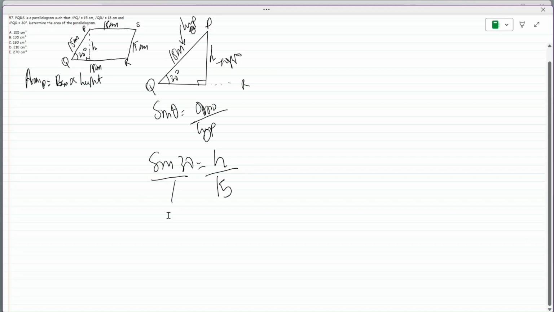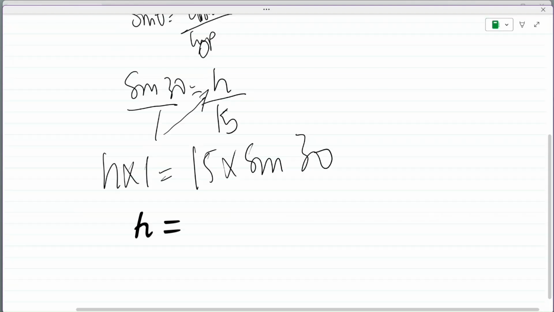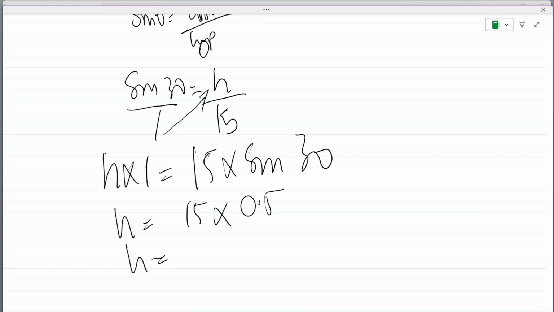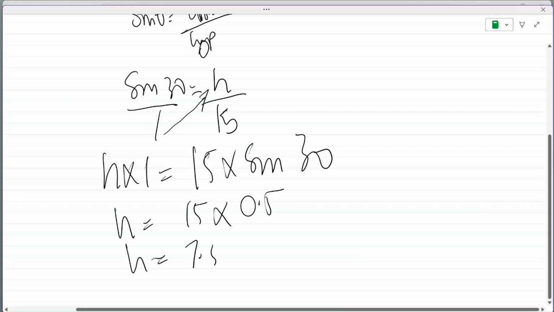H times 1 equals 15 times sine 30. H equals 15 times 0.5, which is 7.5. So we have our height as 7.5.